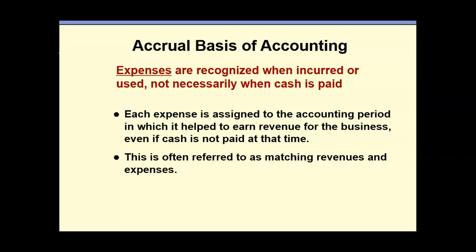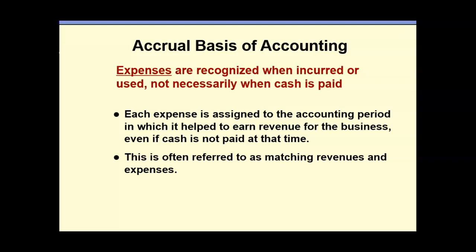Now, with the accrual basis of accounting, we have to make what's known as adjusting entries at the end of the accounting period. We want to make sure that all revenue earned has now been recorded, and all expenses incurred have been recognized as well.